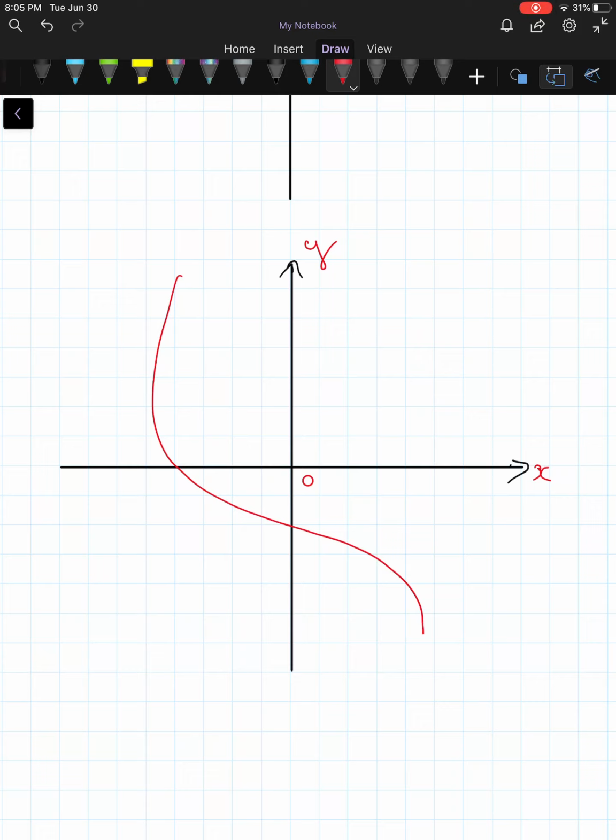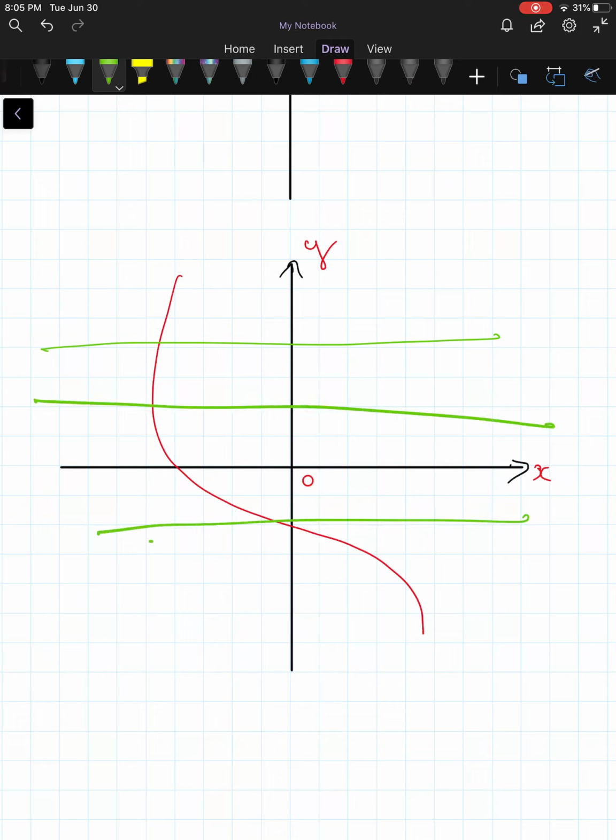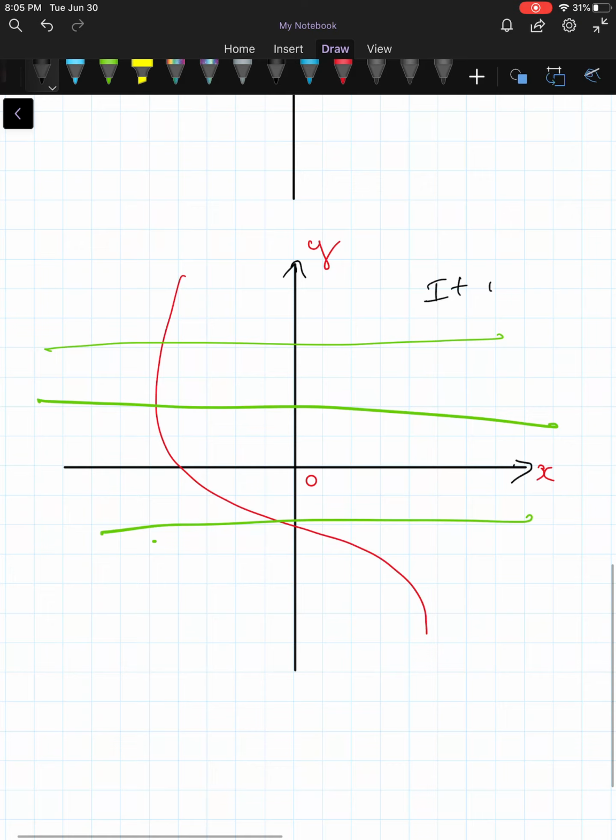Now if I draw a horizontal line anywhere, here or here, the green lines are horizontal lines. Whenever I draw the horizontal lines, they touch the graph of the function only at one point. Therefore, it is a one-to-one function.